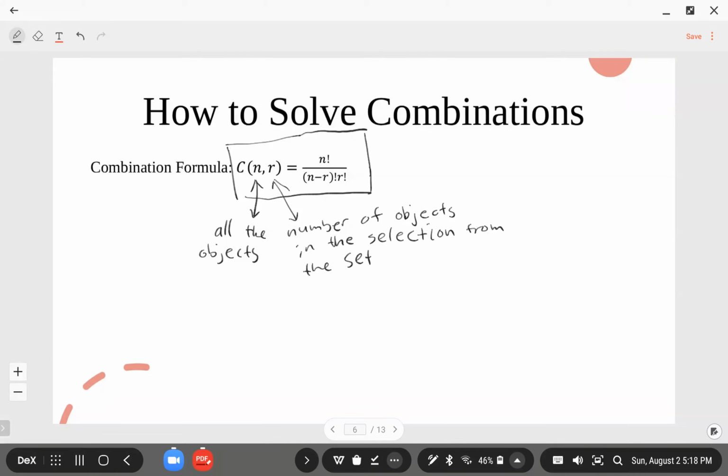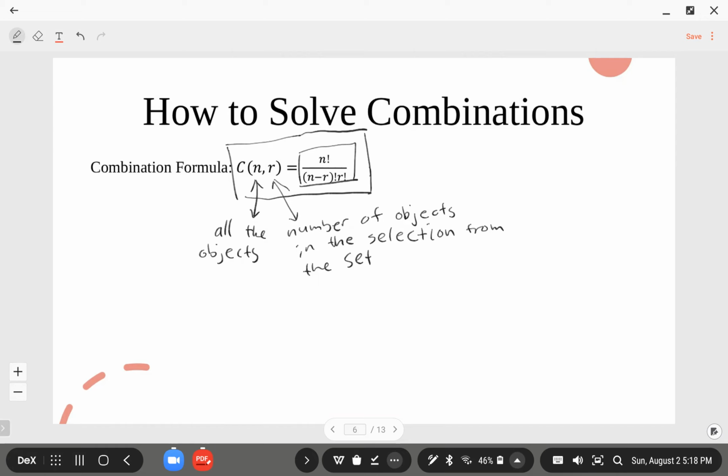Okay? So that is what R stands for, and that is what N stands for. And then, you see, we get this big formula. So N factorial is on the top, divided by the quantity of N minus R factorial, then multiplied by R factorial. Okay?